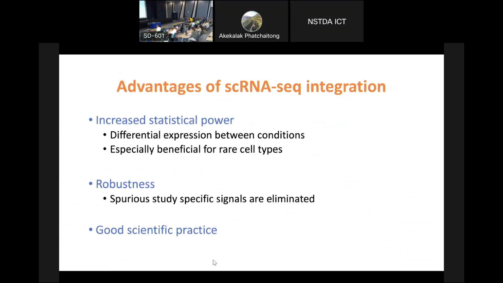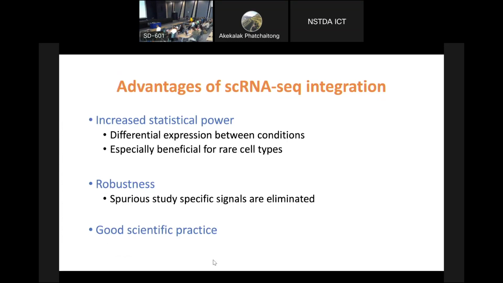So what is the advantage of integration? You, of course, have increased statistical power to study differential expression between conditions, and it is especially beneficial for rare cell types. You probably have a small number of them. Another study has some. Another study has some. If you pool them, then you have more, and you can make some conclusions. And of course, it's much more robust.